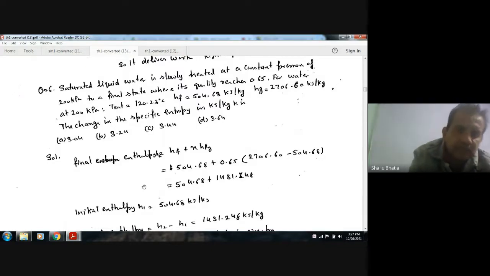The change in specific entropy in kilojoule per kilogram per degree Kelvin is asked. Here the water is slowly heated at a constant pressure to a final state where the quality is 0.65.